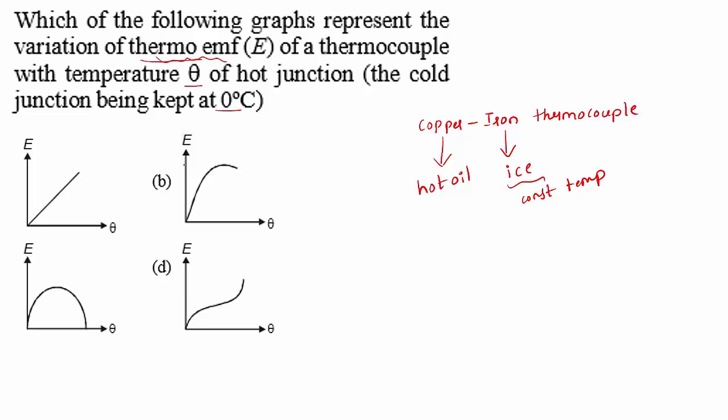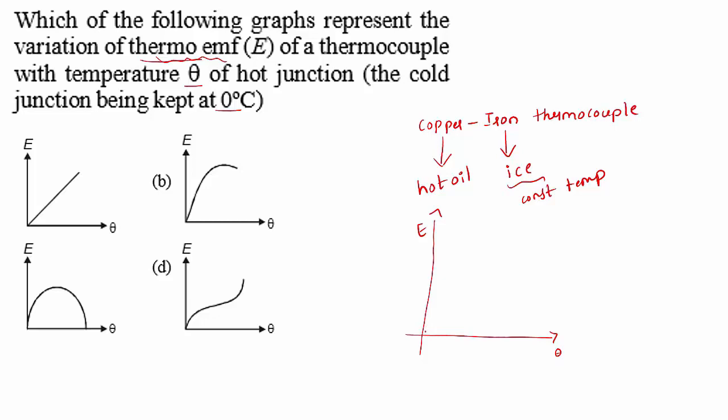Now we have to find which graph represents thermo-EMF. Remember, this is temperature, this is thermo-EMF, let us write it as E. Usually, we use a potentiometer to find the value of thermo-EMF.